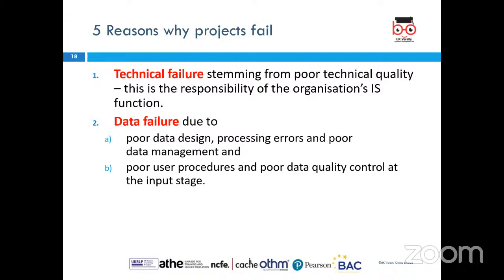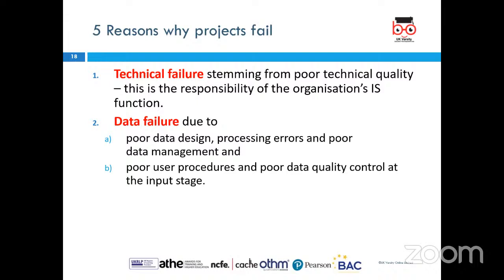At the top, we have technical failures, stemming from poor technical quality, which is a responsibility of the organization and the information system function. Also, we have data failure, which can be due to poor design or poor user process and data quality.